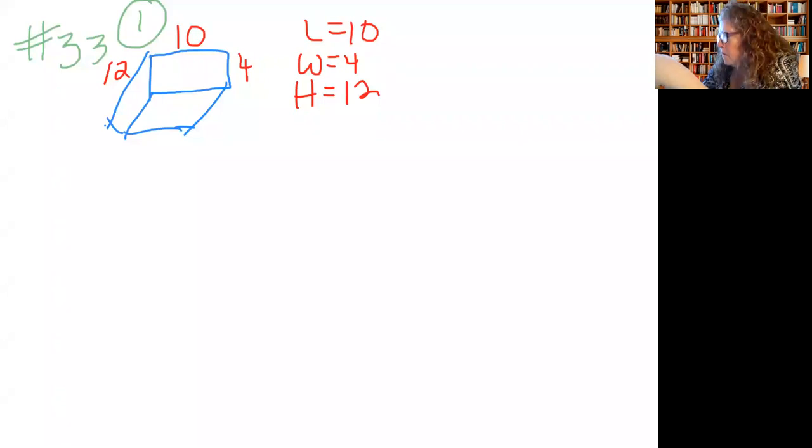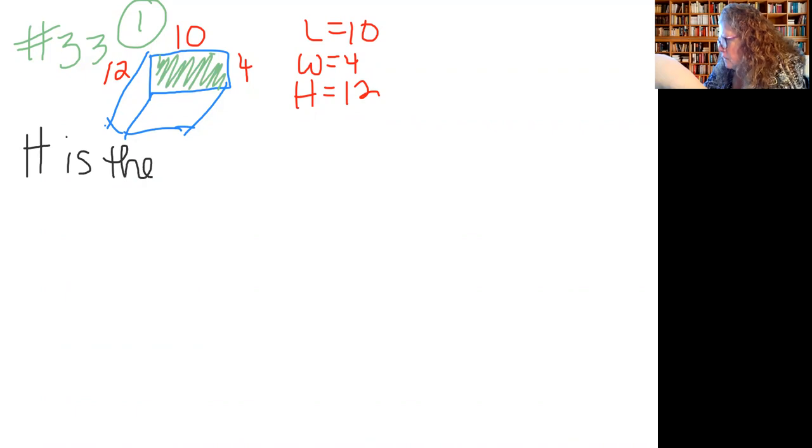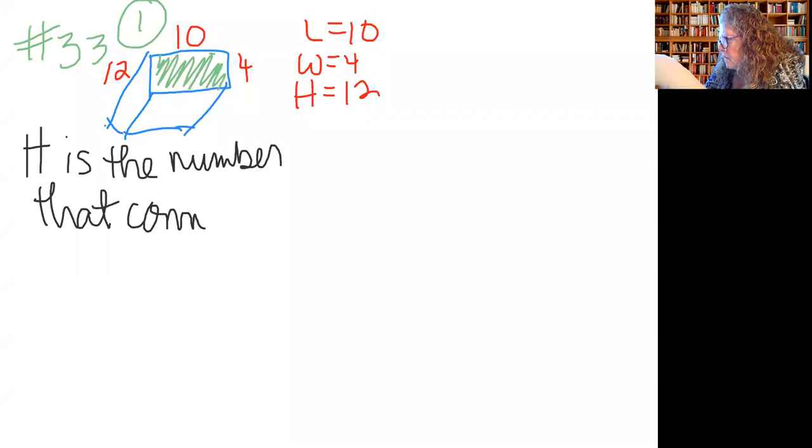Okay. But remember, when you're looking at this, this is a base. You have a top and you have a bottom. And the height, I'm going to write this over here. The height is the number that connects the two bases.